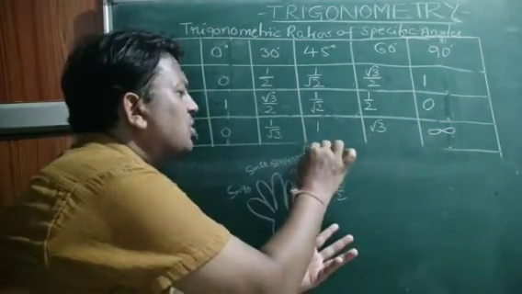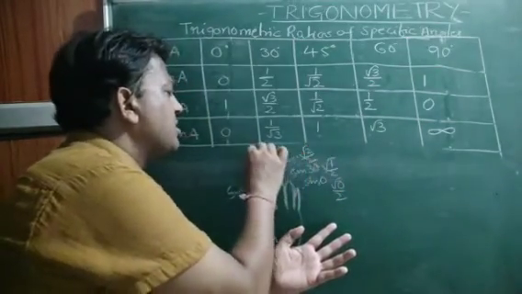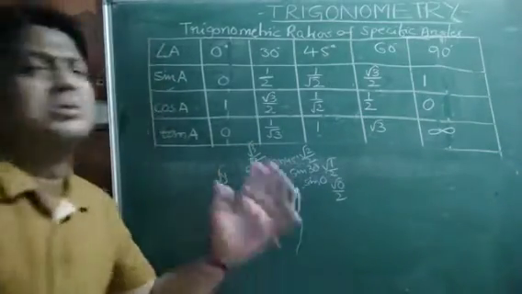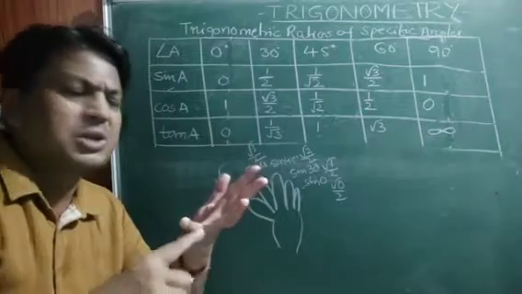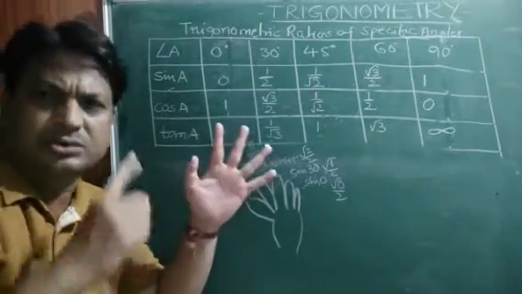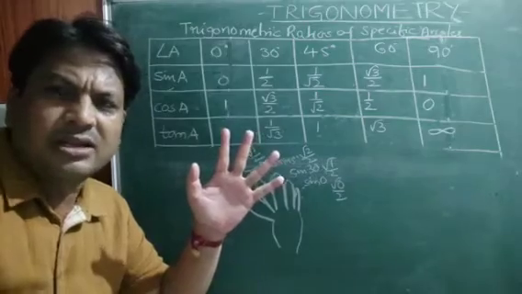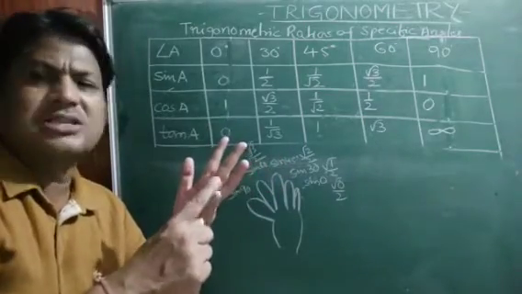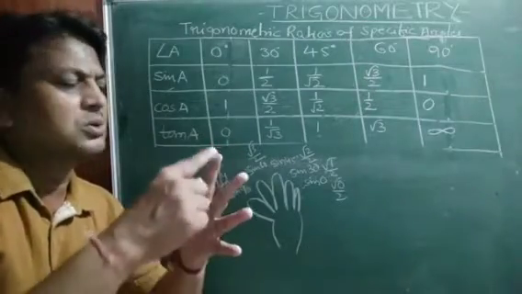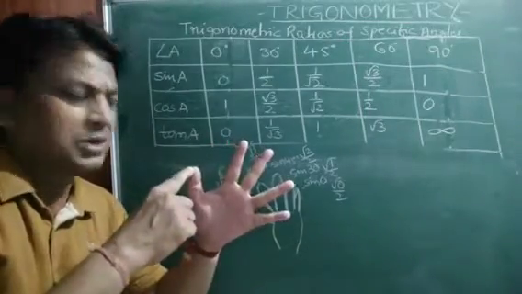This is root 2 by 2. This is root 3 by 2. This is root 4 by 2. Is it clear children? Here sine 0, root 0 by 2, root 1 by 2, root 2 by 2, root 3 by 2, root 4 by 2.